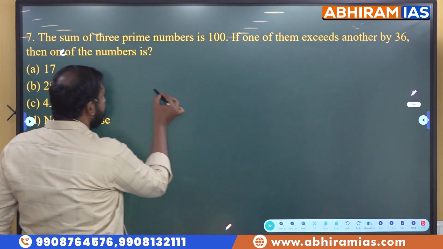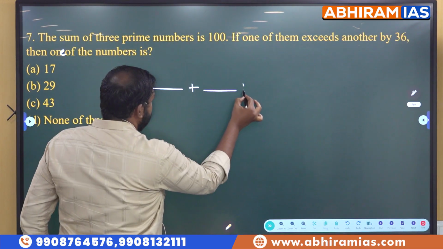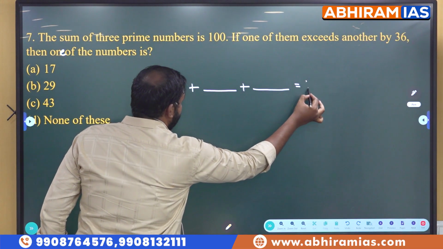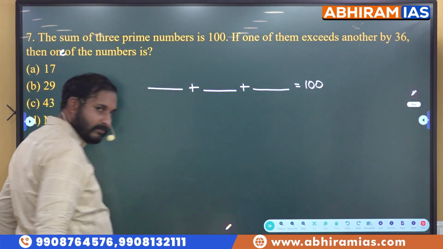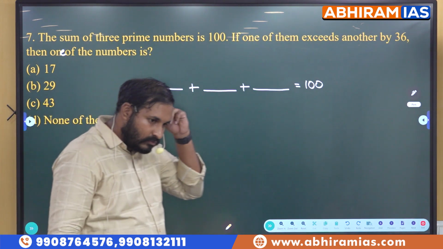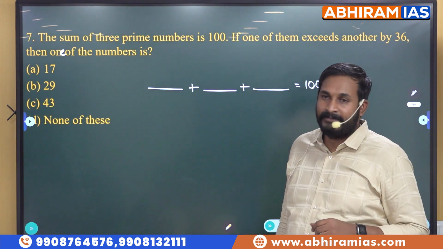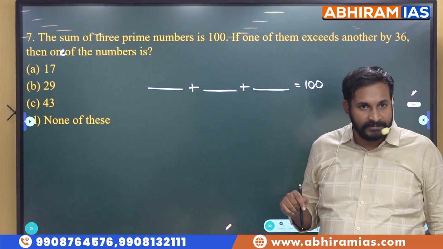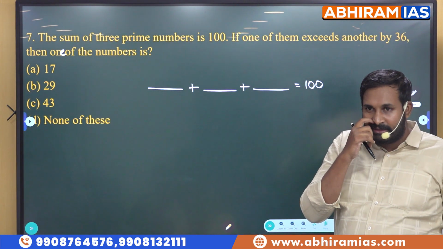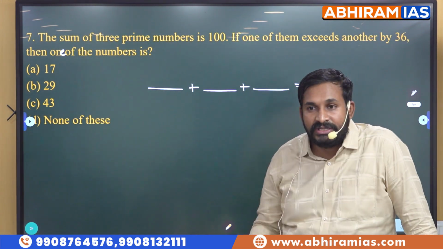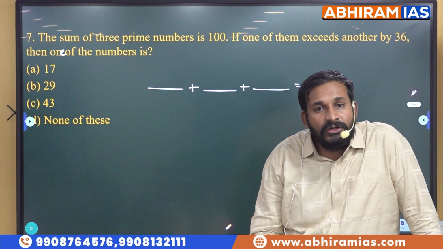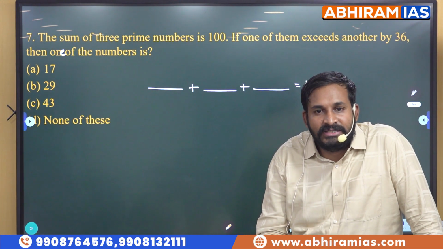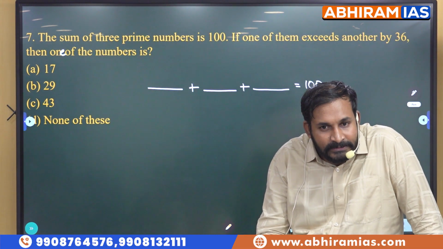Sum of 3 prime numbers means three prime numbers. Now please observe here, students. I am adding 3 numbers and I am getting an even number, right? They are mentioning that those 3 are prime numbers. I told you whenever prime numbers are involved, 2 is very, very important.